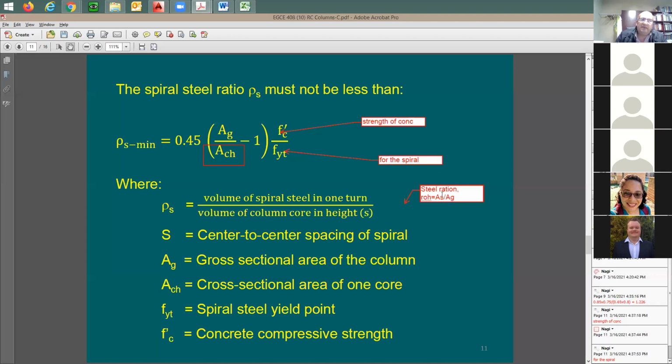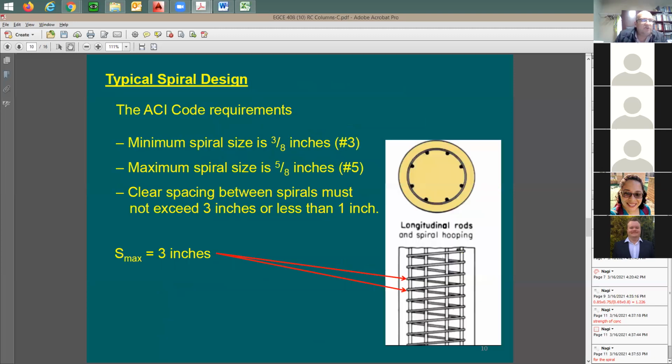Vertical steel ratio is going to be AS vertical divided by the cross-section area. But here it says rho S minimum is going to be the volume of one spiral in one turn, so we're taking one complete circle, divided by the volume of the concrete within this spacing. Let's say you're taking a slice of 3 inches. I'm going to be cutting a piece like this.